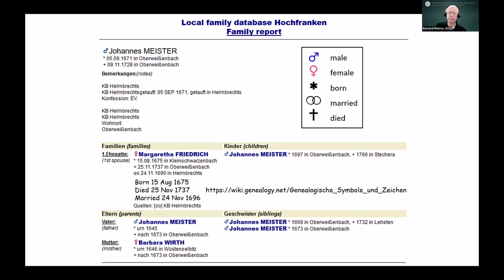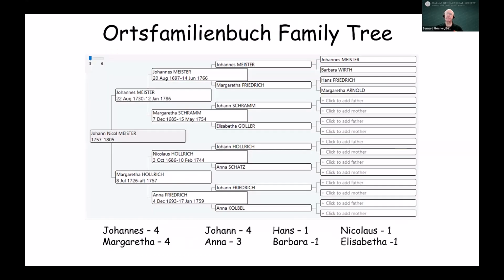So if we look, for example, at his wife, she was born the 15th of August, 1675. She died the 25th of November, 1737, and they had been married on the 24th of November in 1646. So then you can start to, these are all links, the names, to work your way back or down through the family.